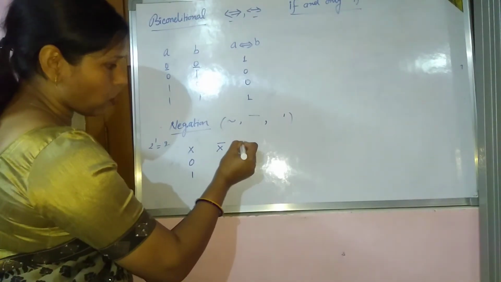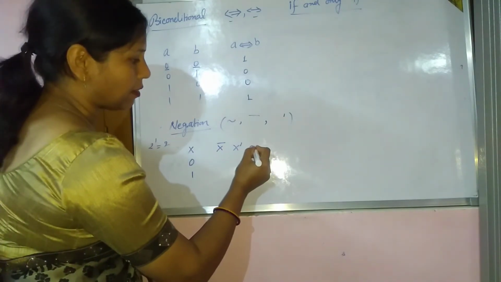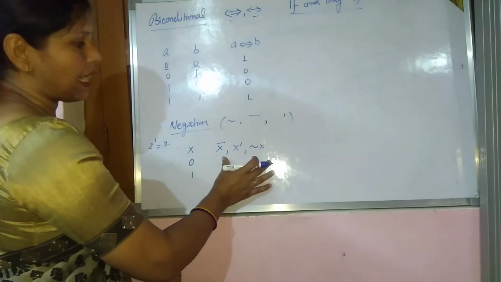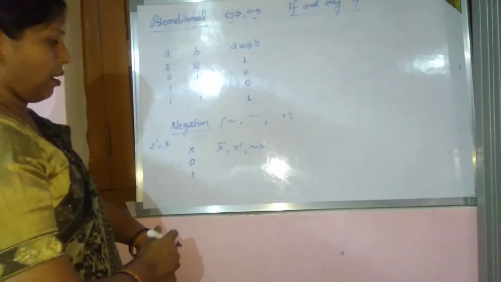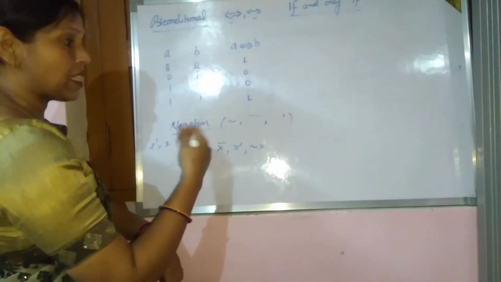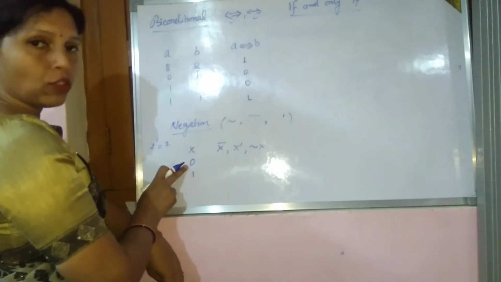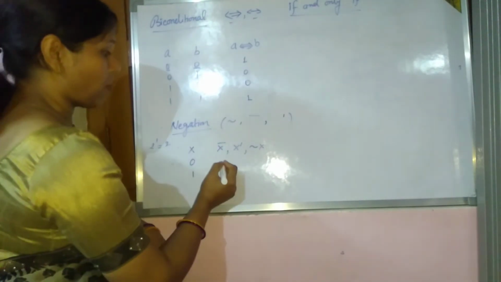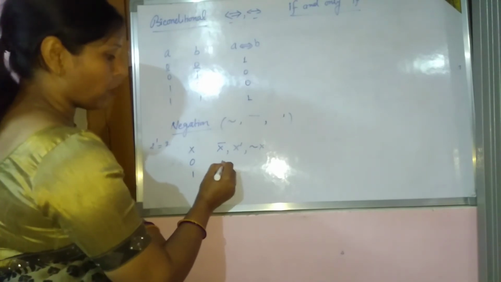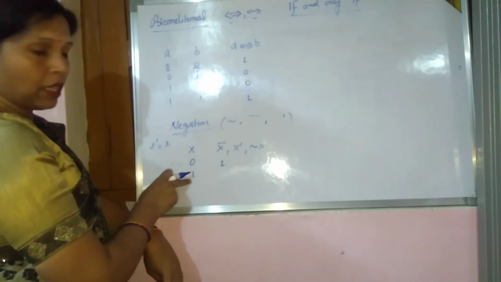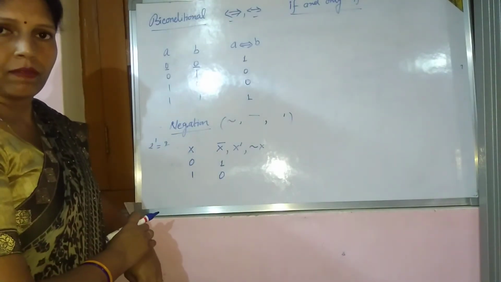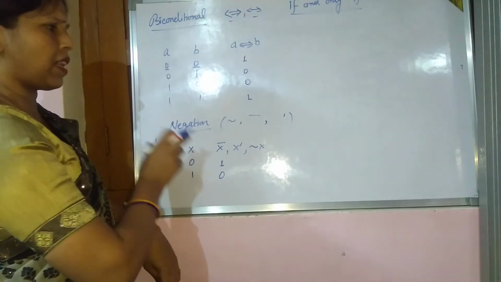You can write any one of these three forms. Here the value is false, so after negation the value will be true, 1. Here the value is true, then after negation the value will be 0, false. Clear?